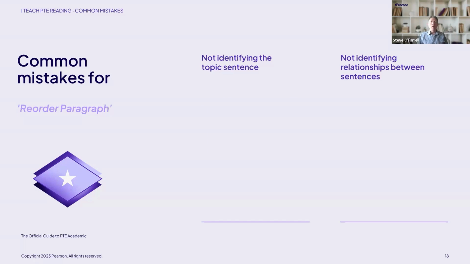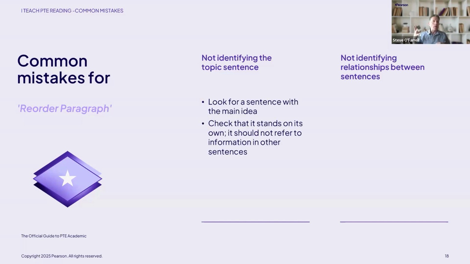How do we find it? Look for a sentence that contains the whole of the main idea, and a sentence that stands alone. It should not be dependent upon a previous sentence supplying some of the information. It must be a sentence that stands on its own, and that will help you find the topic sentence.